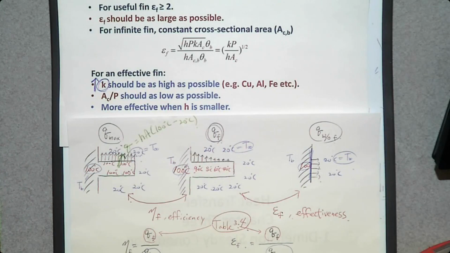So all three conditions are about maximizing the conduction heat transfer so that you can minimize the temperature decay, staying as close to the base temperature as possible. In that way, you can have an efficient fin. So that's how we evaluate the performance of a single fin.